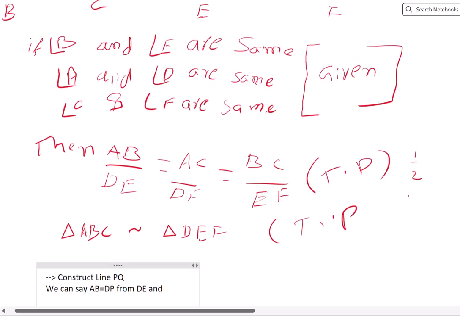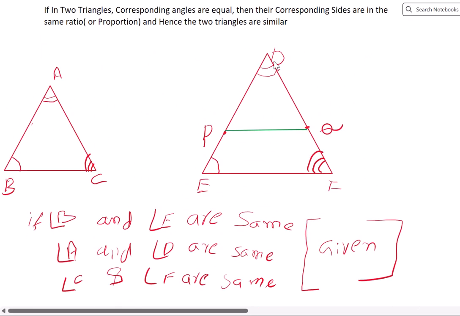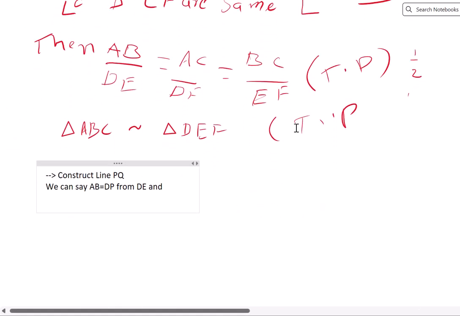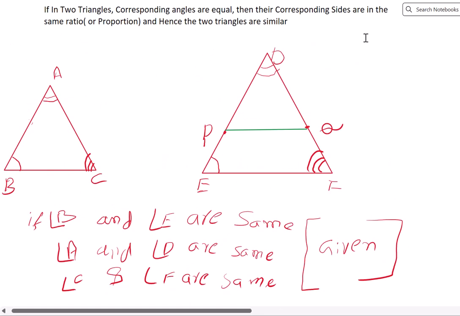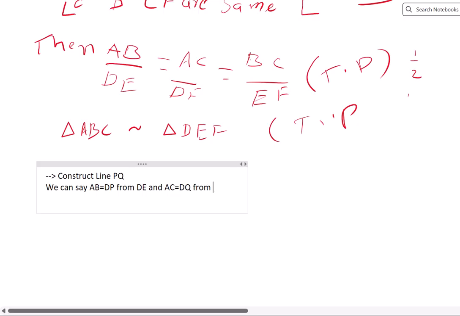We can also say AC equal to DQ, and DQ is from DF.